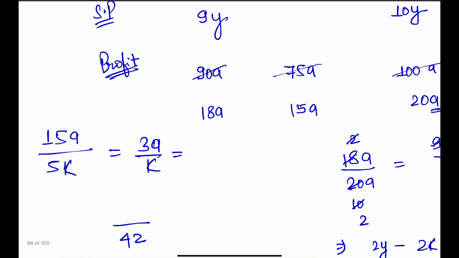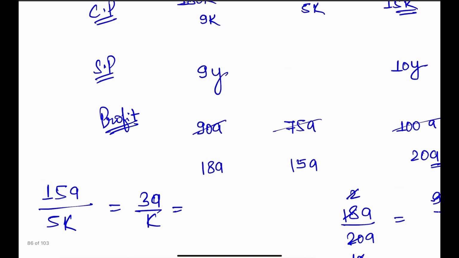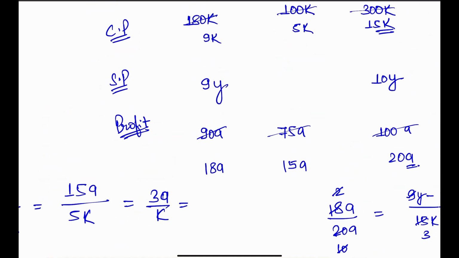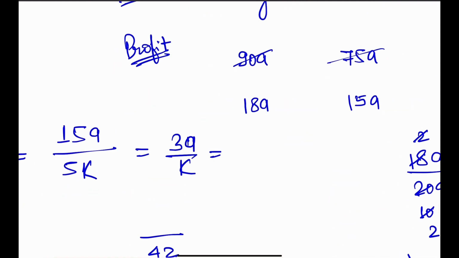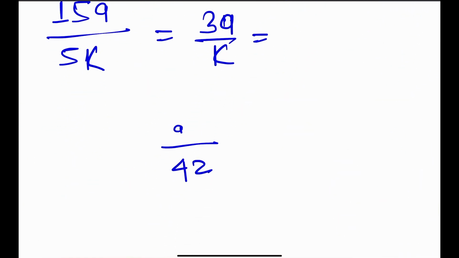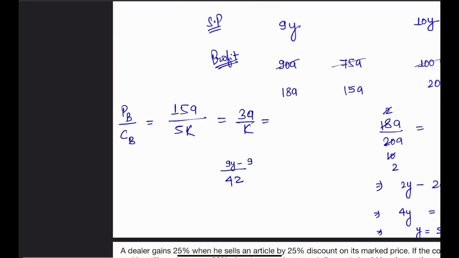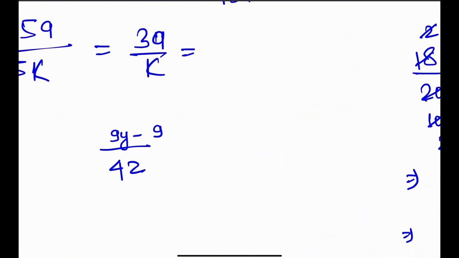And 18a can be written as, because this is a profit, sales minus 9y minus 9k into 6.